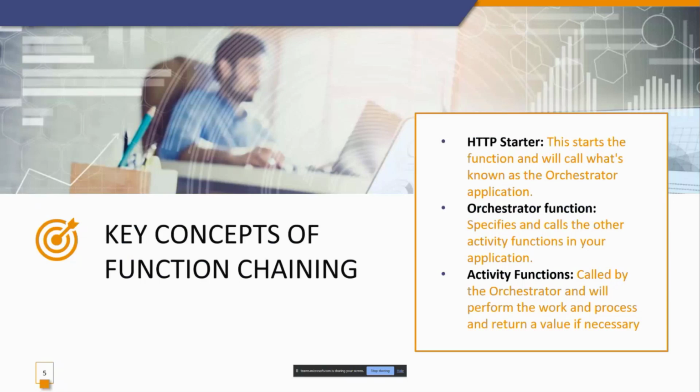So first things first, in a durable function, you're going to have what's called an HTTP starter function. This will have an exposed URL to hit both locally, if you run in, let's say, VS Code, which we will be doing today in the demo, as well as in the cloud in Azure.